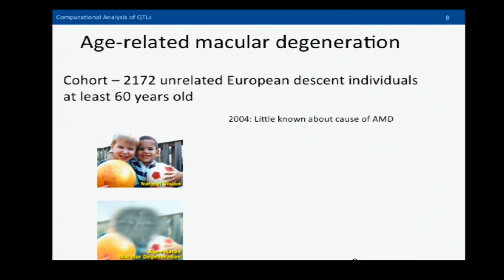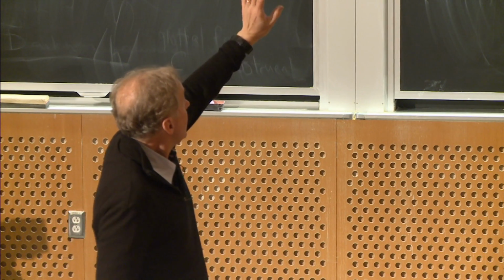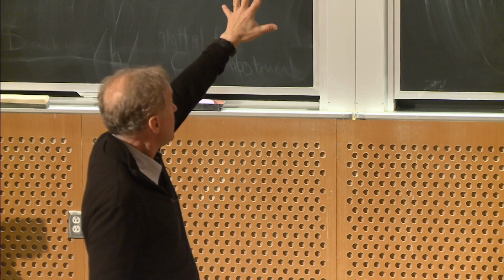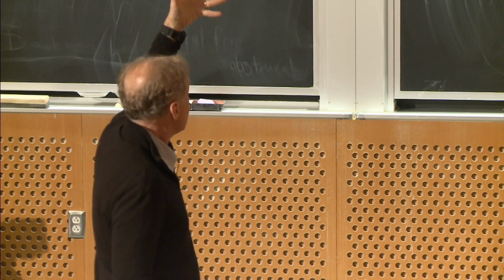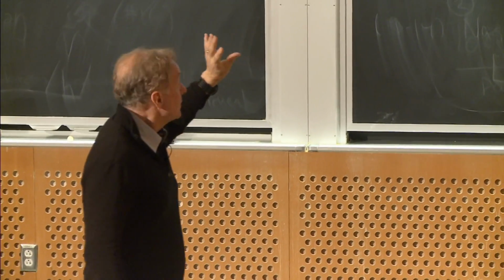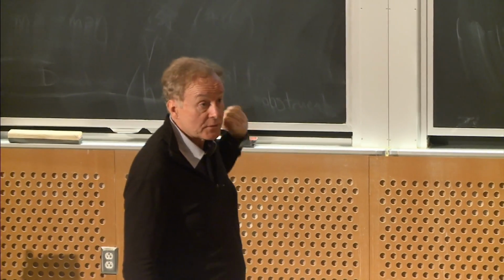It's called age-related macular degeneration. So to look for the causes of this, which is known to be genetically related, the authors of the study collected a cohort, as it's called, of European descent individuals, all who were at least 60 years old, to study the genetic foundations for this disorder.